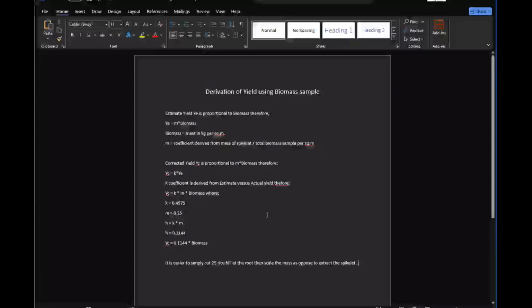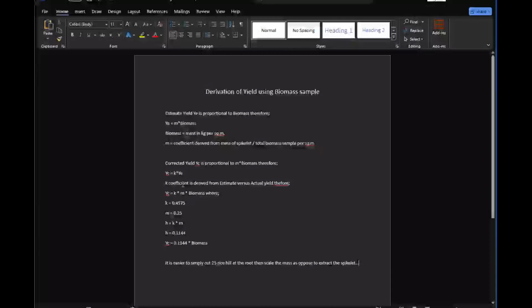And because I've done work previously, I have another equation called corrected yield equals K times, well, basically, since I wanted to connect the two, I went about doing the equation irrespective of previous work. So the K coefficient is derived from estimate versus actual yield.